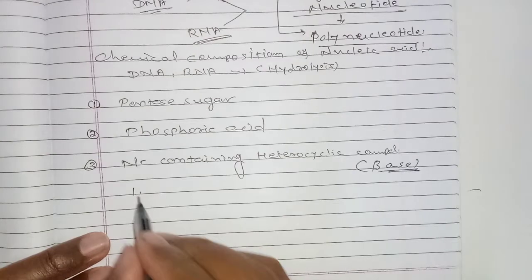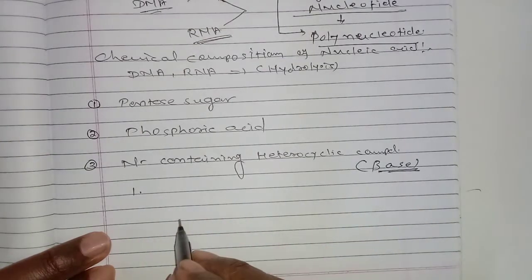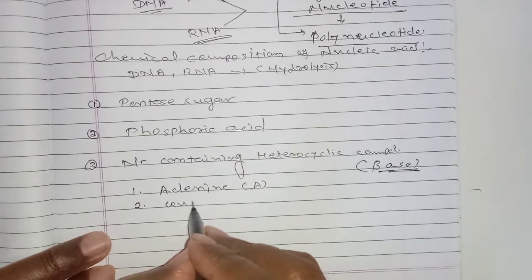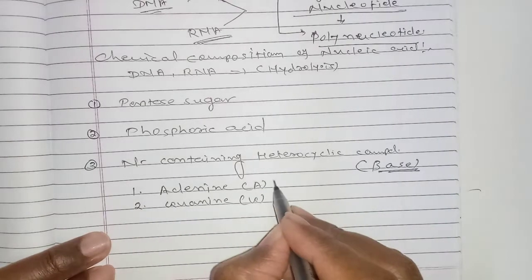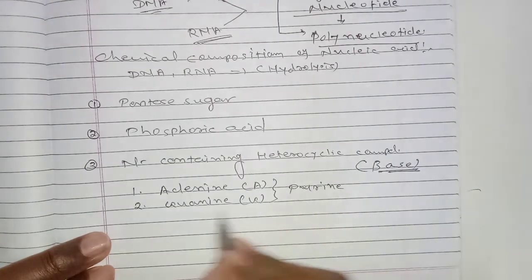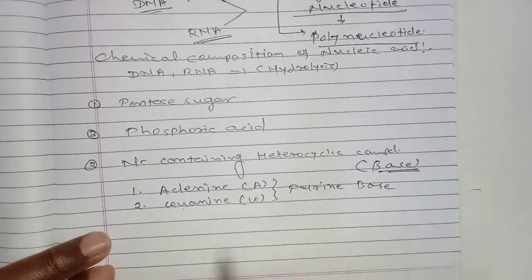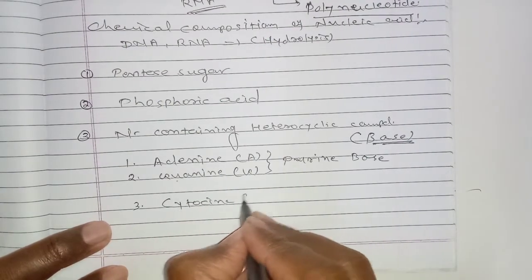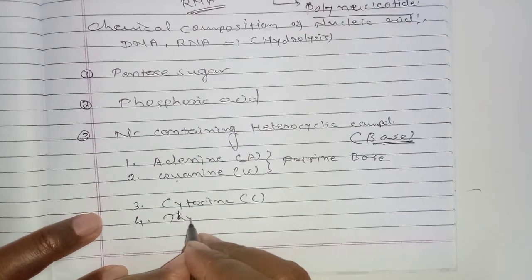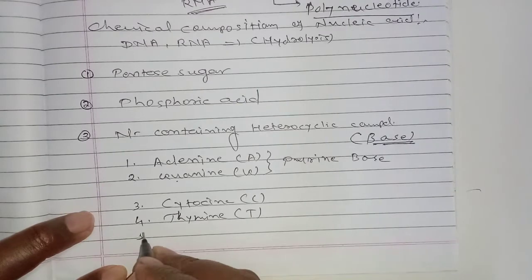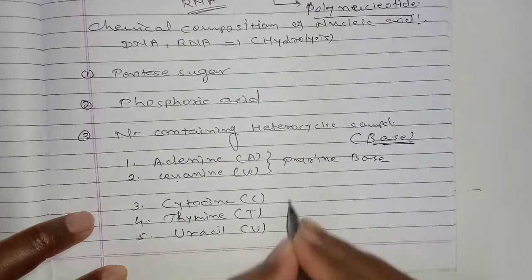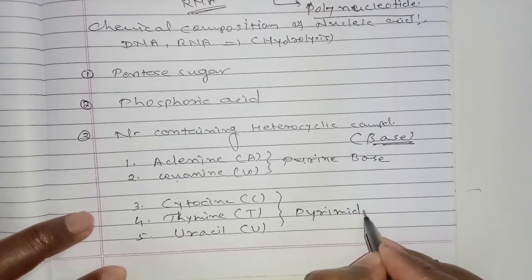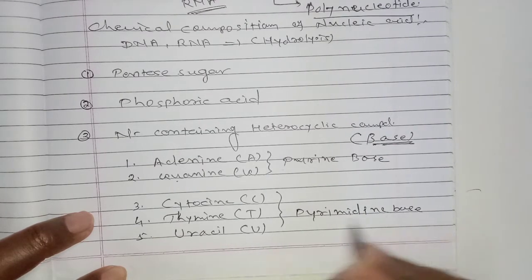Mainly here we discuss 5 types of base. Number 1, adenine, guanine, capital G. Adenine and guanine are purine bases, while cytosine, thymine and uracil, these 3 bases are pyrimidine bases.